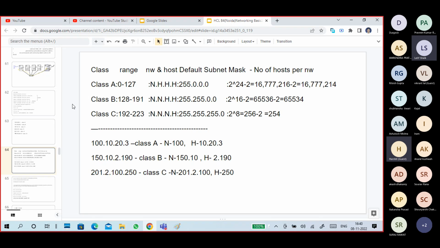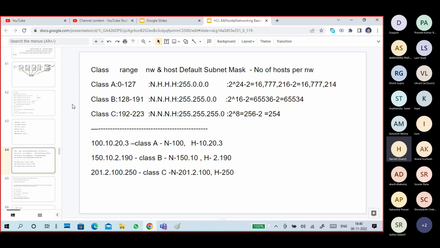We cross 300, then that IP address is no longer usable. Then we have to move to class B for 300 computers because class C supports only one single network, up to 254 devices or 254 IP addresses.